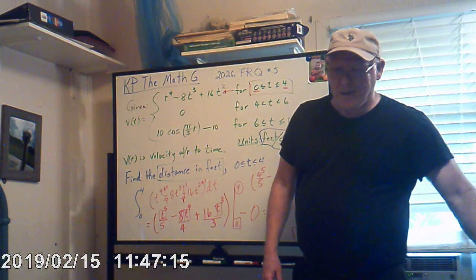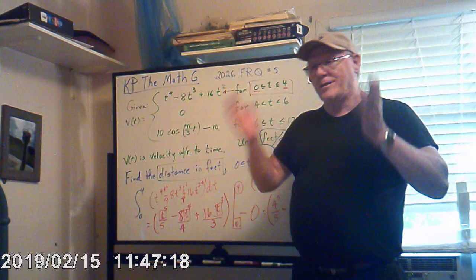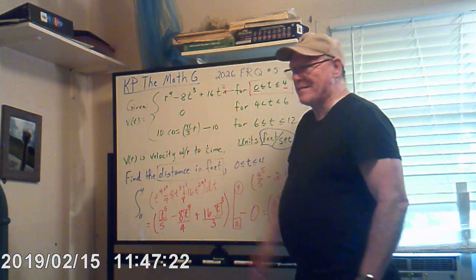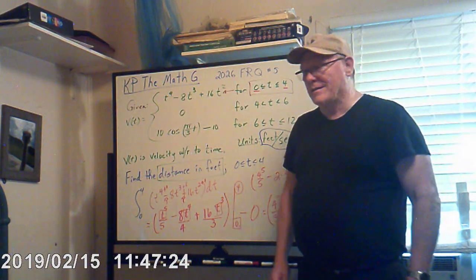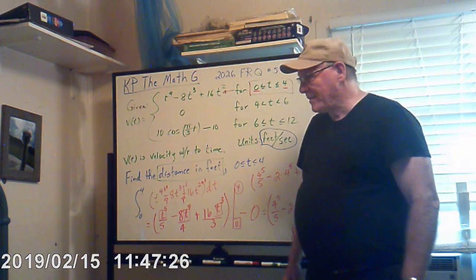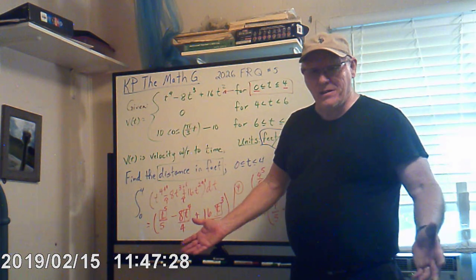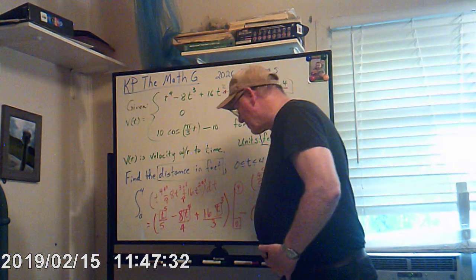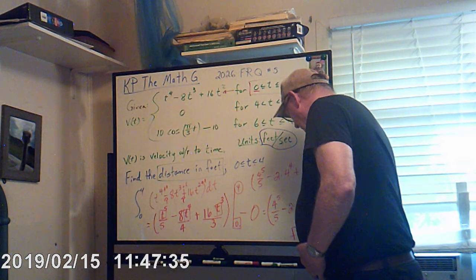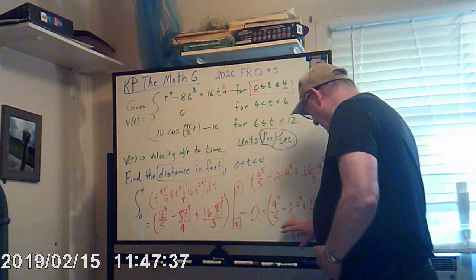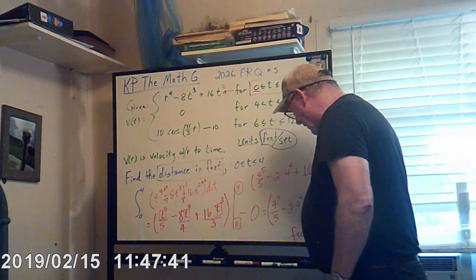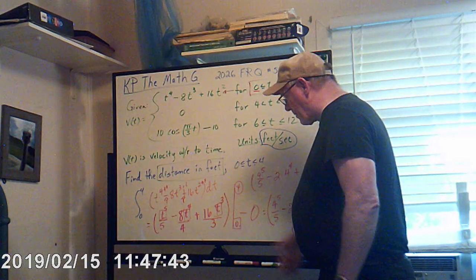And that takes a little explaining, which I should have known better than to try to do both C and D together. Alright? Well, you live and learn. Even when you're 65, you live and learn. Okay, so write your answer down. Don't forget to put your unit down. It is in feet. There it is. That's it.